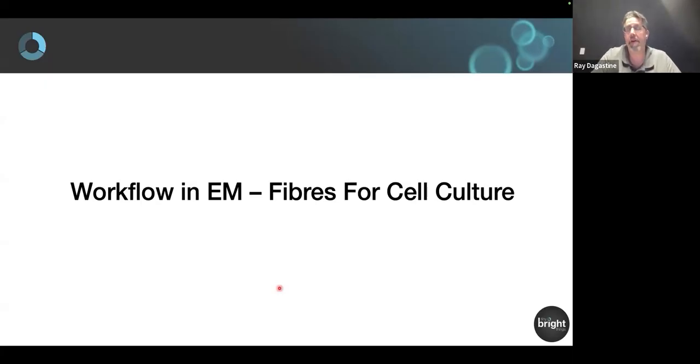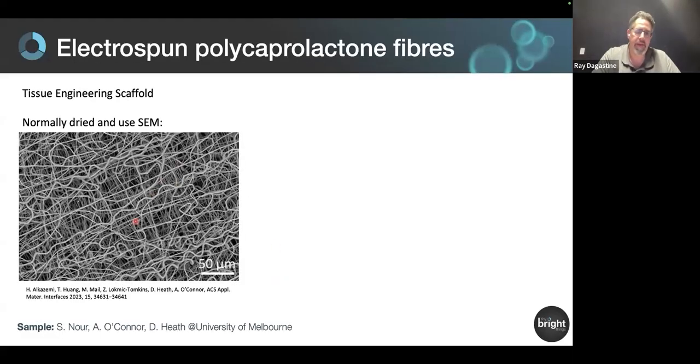The first one is fibers for cell culture. This is an example of SEM of electrospun fibers, and this group typically uses SEM first to characterize their fibers before they start to use them for tissue culture or cell culture. So the workflow is EM and then further microscopy with cells when they're wet.